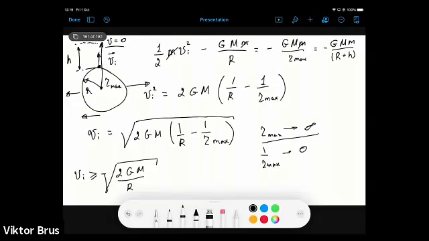So this has been done for calculating escape velocity based on the conservation of total mechanical energy. And let us try to do the same with a more general approach, which involves building and solving a differential equation.